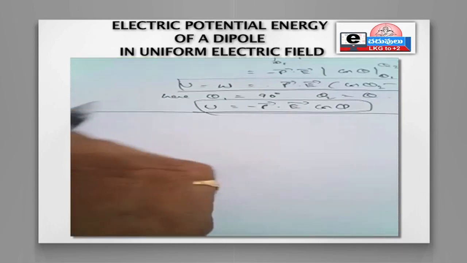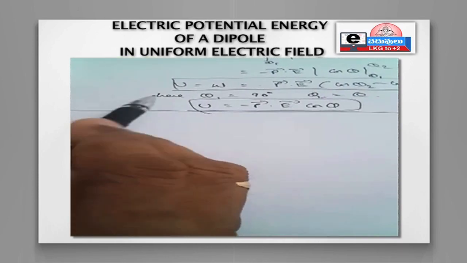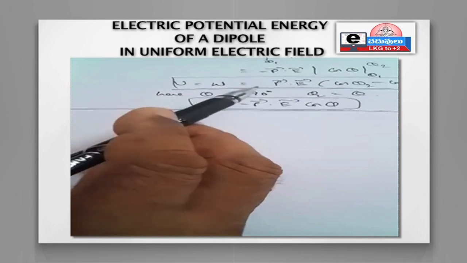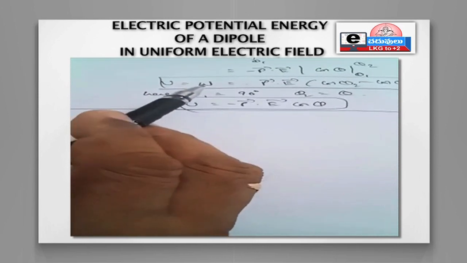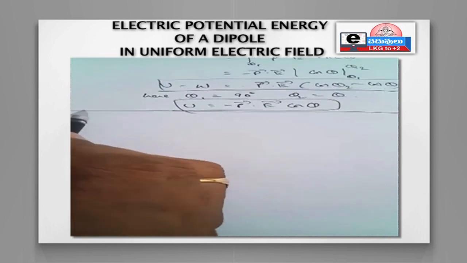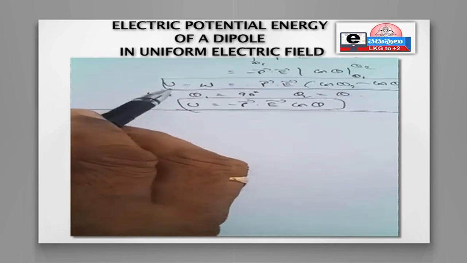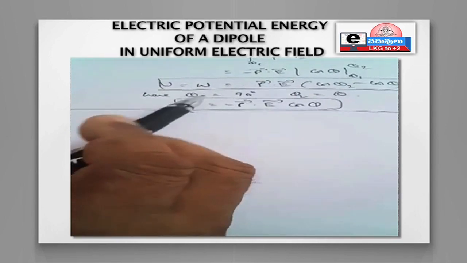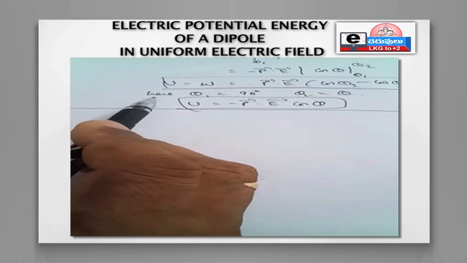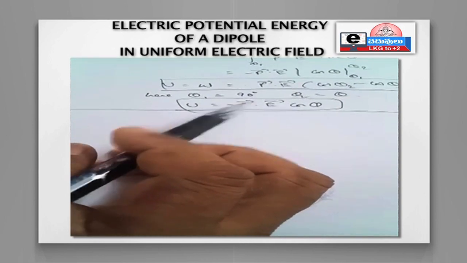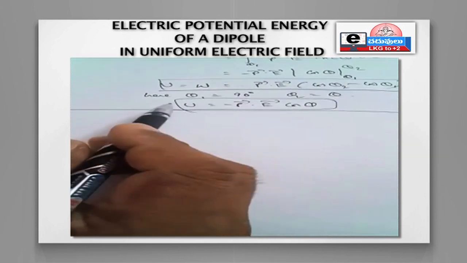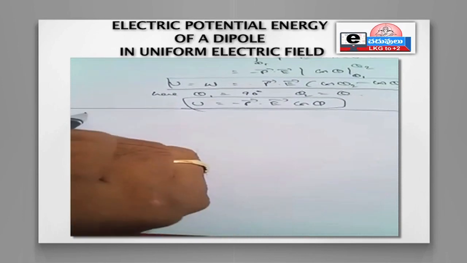Okay. In continuation of the topic, now we have to take some important points. Please listen to me carefully. I am concluding all the points which we have discussed so far. When a conducting material is introduced in an electric field, what are the things we get? I am giving some points.